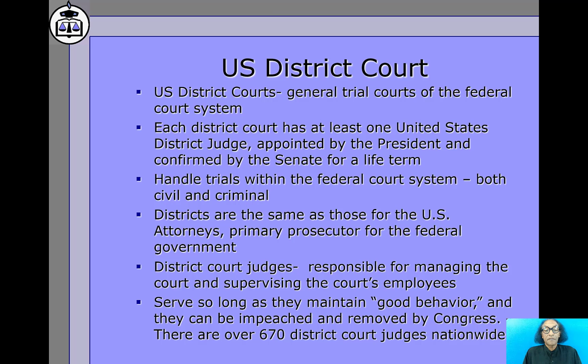Again, all of these are Article III courts, and they're appointed by the President and confirmed by the Senate. And the U.S. District Courts are the general trial courts of the federal court system. That's where you bring in your case. If it's a civil case, that's where you file to seek redress for whatever money damages you may have suffered in a civil action.